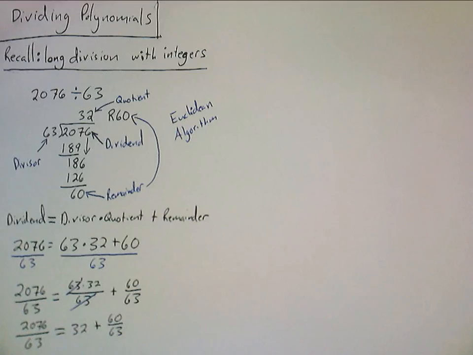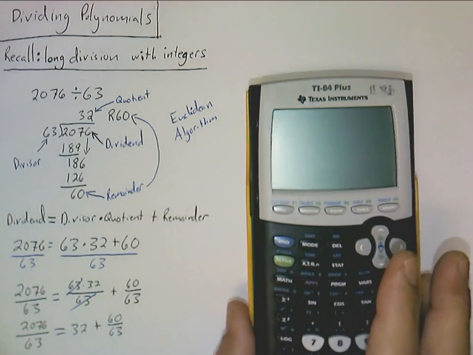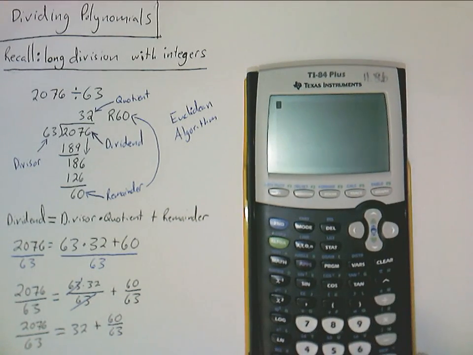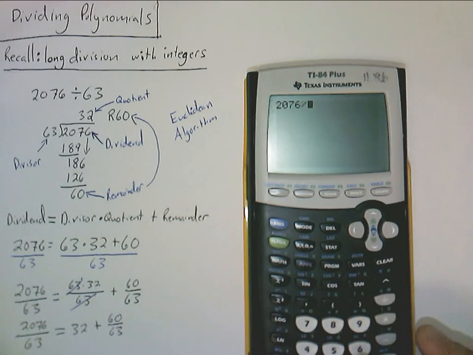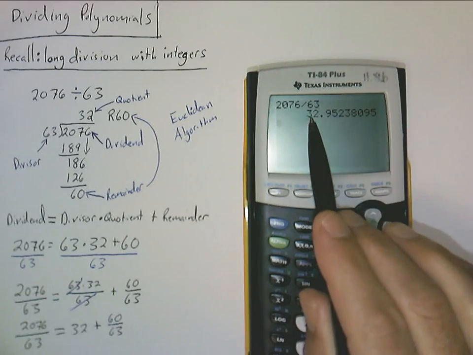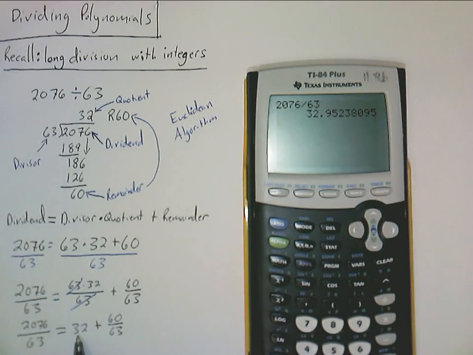If you want to see that in the calculator, it's pretty easy to do. If we did the actual 2076 divided by 63, we get 32.952 whatever. Well, that 32 here is exactly that 32 there.